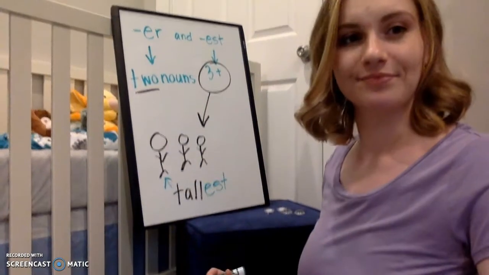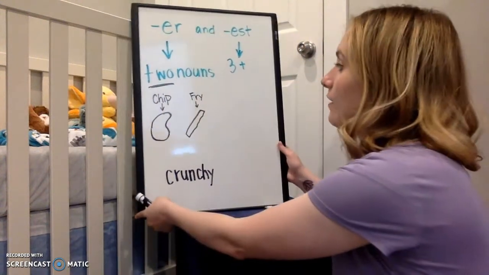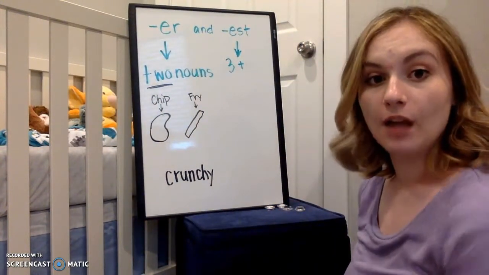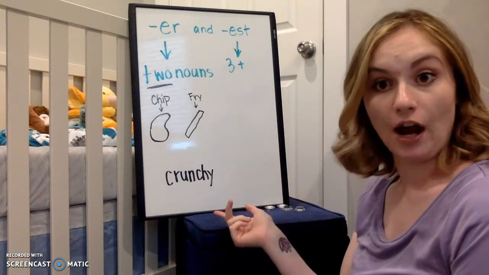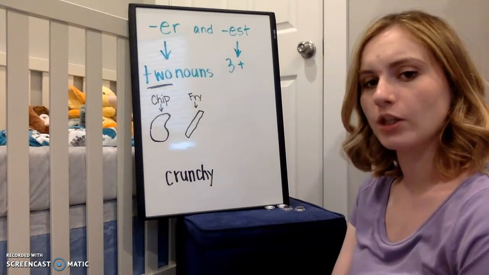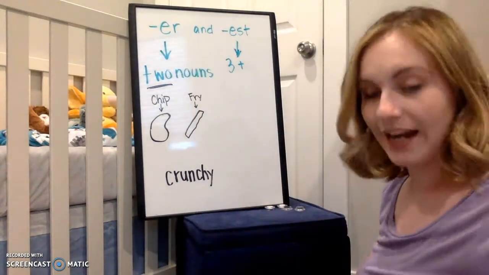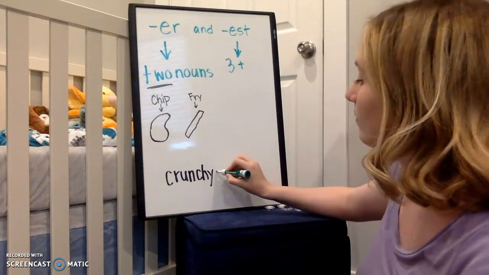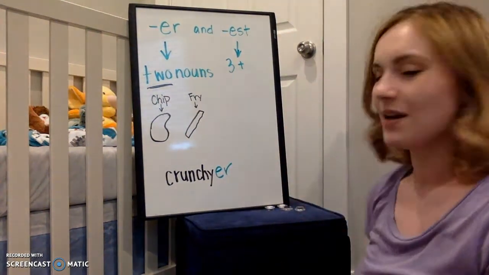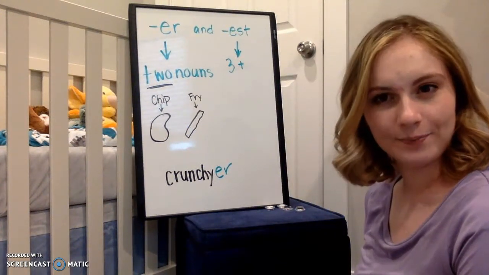Okay? Okay, but there is a trick. So here I have two nouns that I'm going to compare. I'm going to compare a chip and a French fry. And the adjective I want to use is crunchy. Now because there's two nouns, I know that I'm going to add the er, right? But does that look right? Crunchyer with that y there?